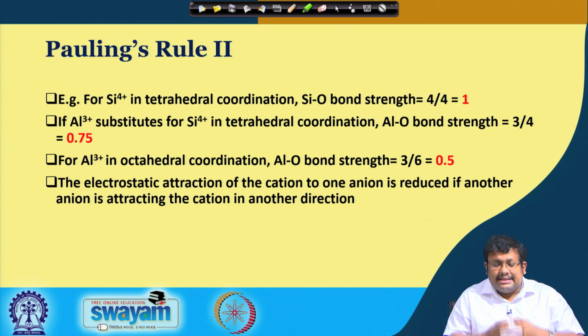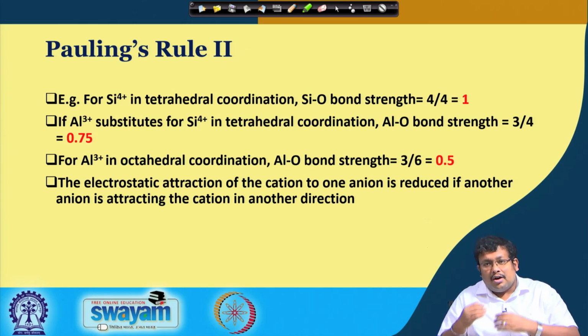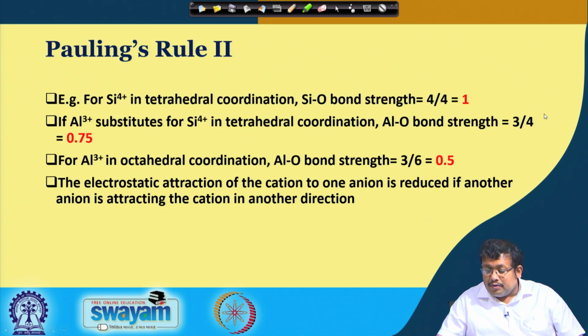In that case, the aluminum-oxygen bond strength becomes 3/4, where 3 is the valency of the cation, that is aluminum, and the coordination number is 4. So, we are getting 0.75.